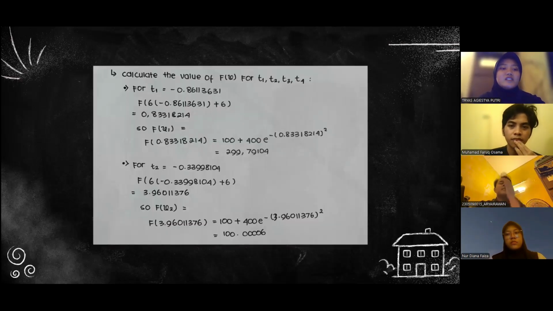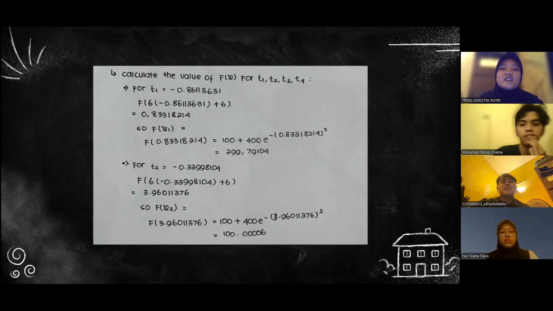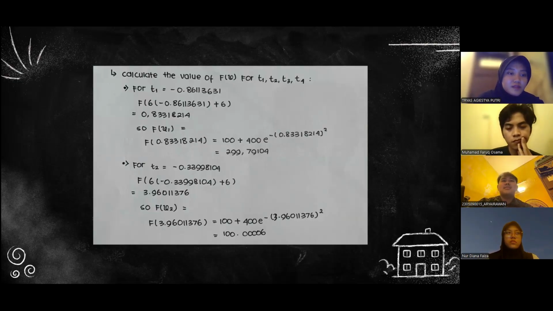Next, we calculate the value of f(x) for t1, t2, t3, and t4. For t1 equal to -0.86113631, the result of x is 0.83318214.